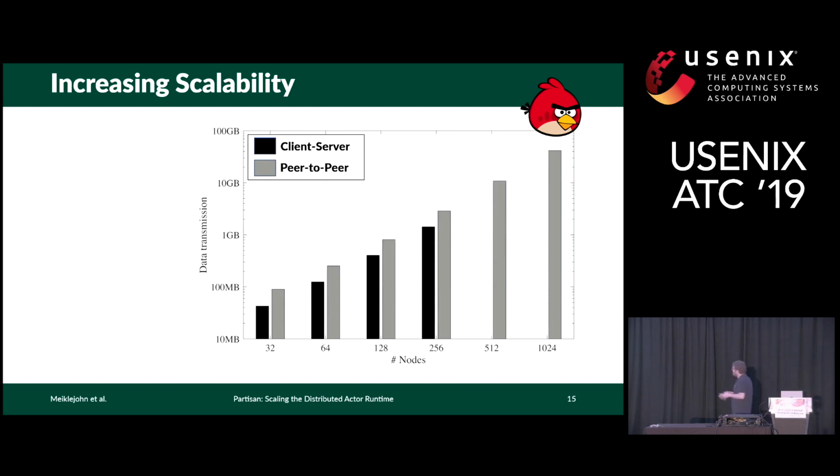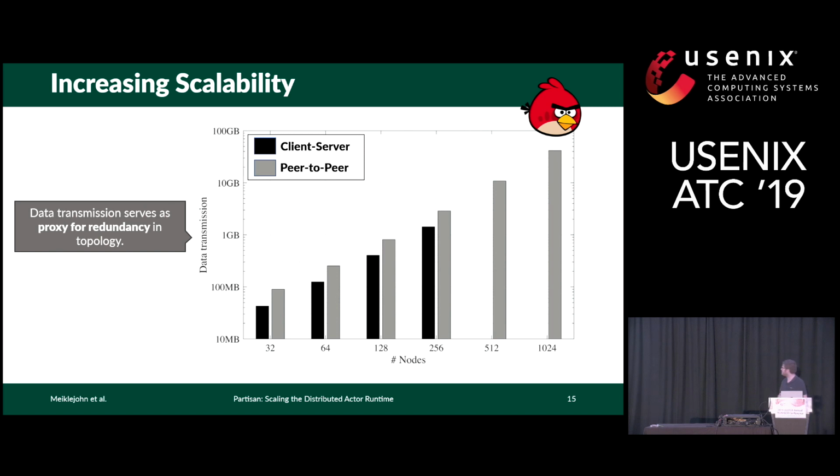So here we have a graph. On the y-axis, we're plotting data transmission to complete the experiment in log scale. On the x-axis, we have the cluster size from 32 up to 1024. The black bar represents the client-server topology, and the gray bar represents the peer-to-peer topology. What we see here first is that data transmission serves as a proxy for redundancy.